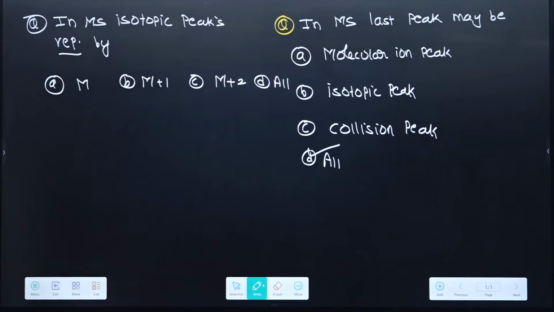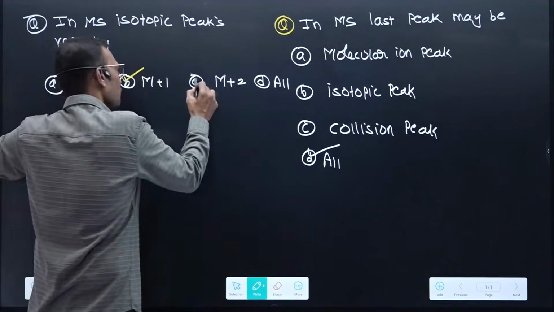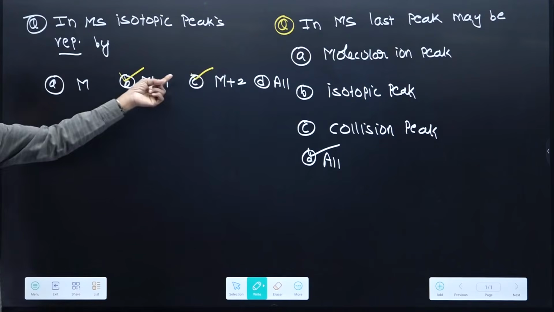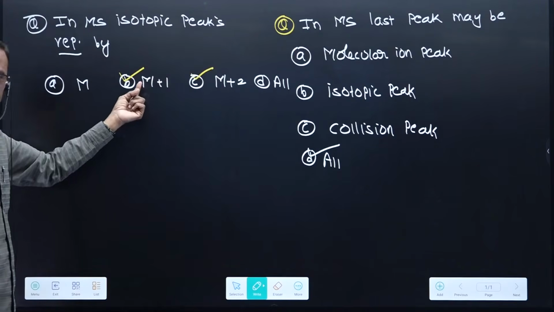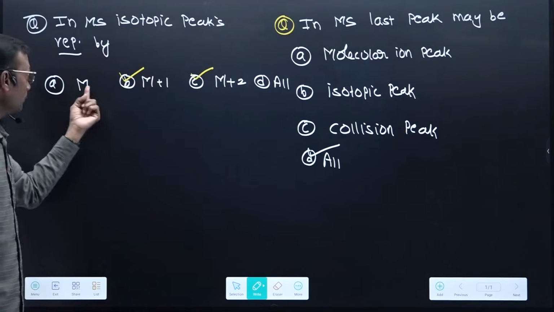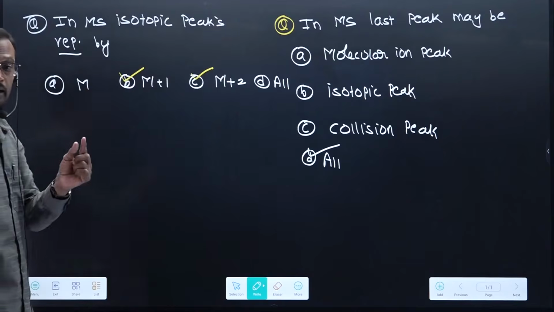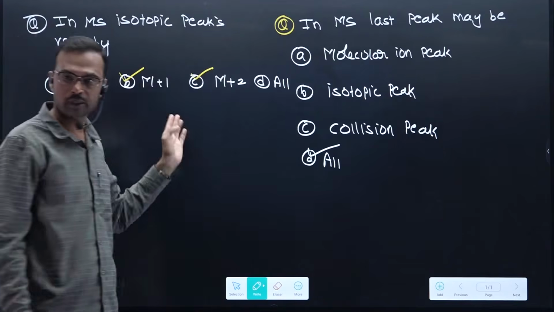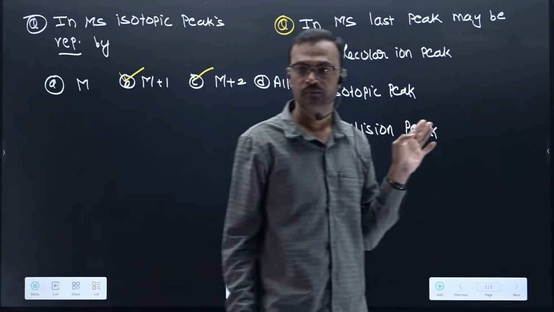Isotopic peaks are represented by either M plus 1 or M plus 2. M is the molecular ion with lighter isotopes. M plus 1 is nothing but an isotopic peak. M plus 2 also is a possible isotopic peak. But M is always the molecular ion peak with respect to lighter atoms. Only lighter atoms should be taken here. Don't take heavier atoms.